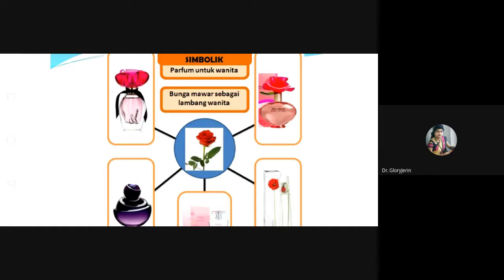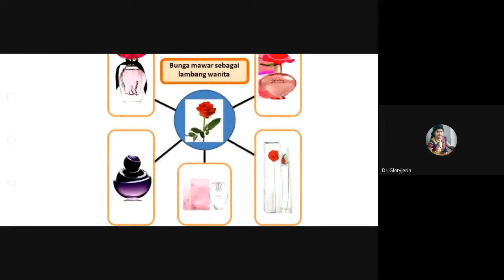This is symbolic. The butterfly and rose are public knowledge. We all know that the butterfly and flower are always associated with female beauty, as a symbol of woman.